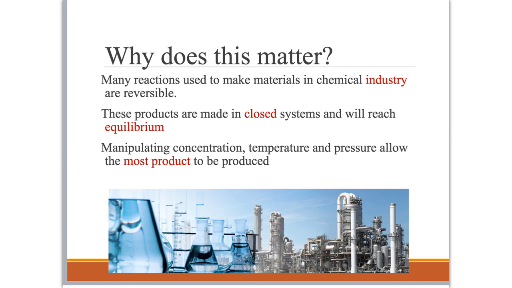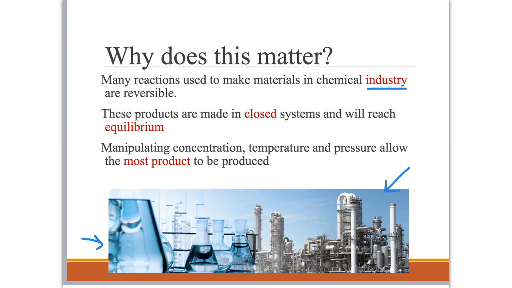Why does this matter? Well, many of the reactions we use to make materials in chemical industry are reversible. So this is a very practical application of chemistry. We really are not making things in beakers, as we see at the left of this illustration, like we do in class. We're making things in these big industry towers and pipes and all sorts of heavy construction.